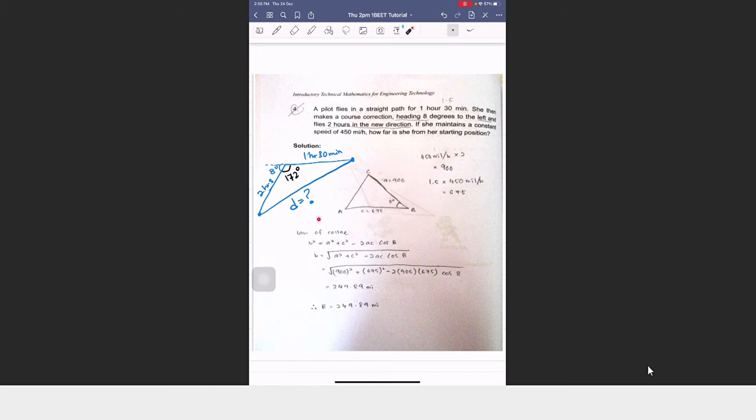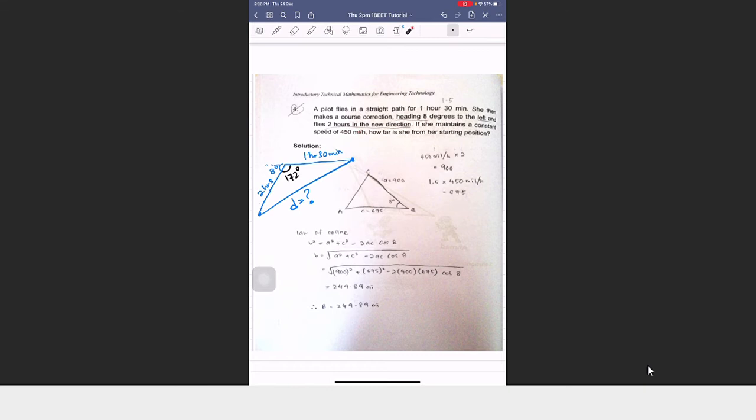But before you can do that, you need to find the length, the distance, for both sides. What you are given is in terms of traveling time: 1 hour 30 minutes and 2 hours. But because you are given a constant speed of 450 miles per hour, 1 hour is 450 miles.